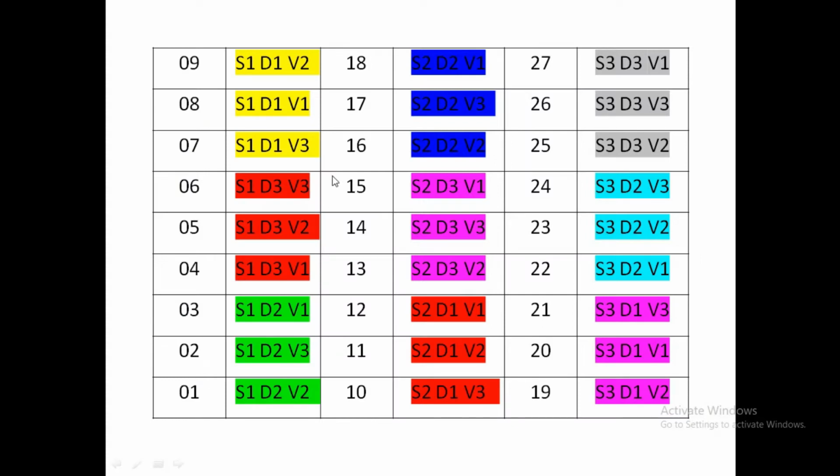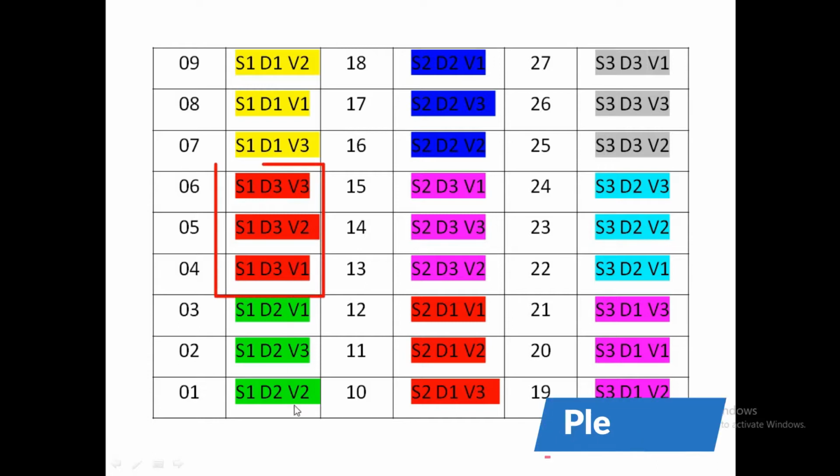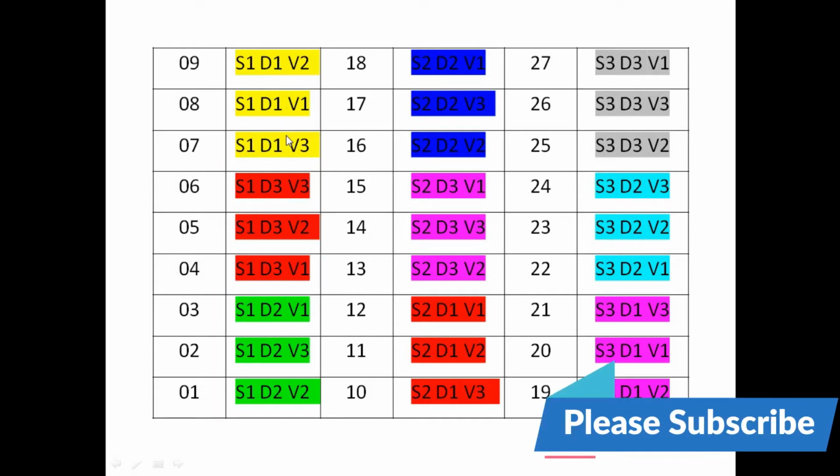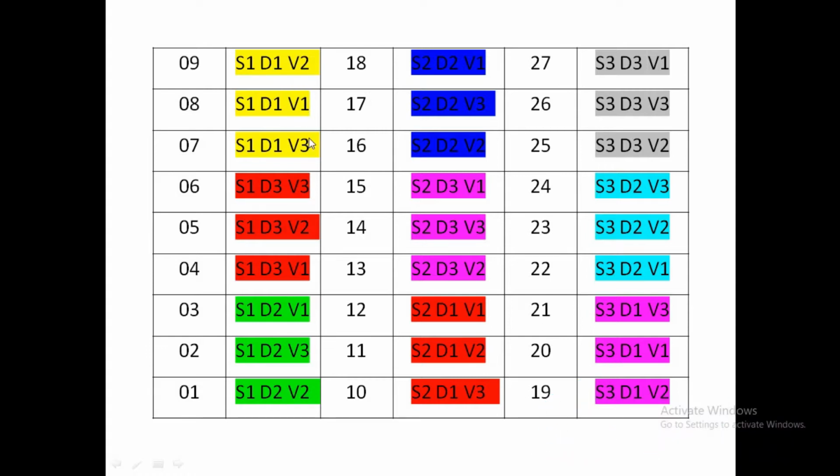And this is our field layout. The first replication has nine plots, all of which are main plots. Sowing time 1 is a main plot, and every main plot is divided into 3 subplots. S1 is divided first into D1, D3, and D2, three subplots, and every subplot is again divided into 3 subplots: D1 into B1, B2, B3, D3 into B1, B2, B3, and D2 into B1, B2, B3.